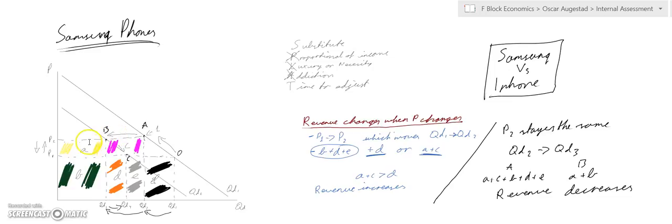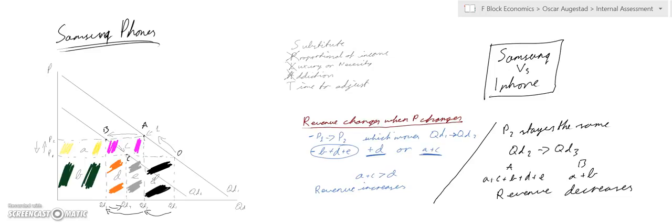Here you can see that from A to B, you lose these revenue boxes. At point A, you had the revenue boxes A plus C plus B plus D plus E, while at B, you only have the A and B available, where you lose all those on this side.